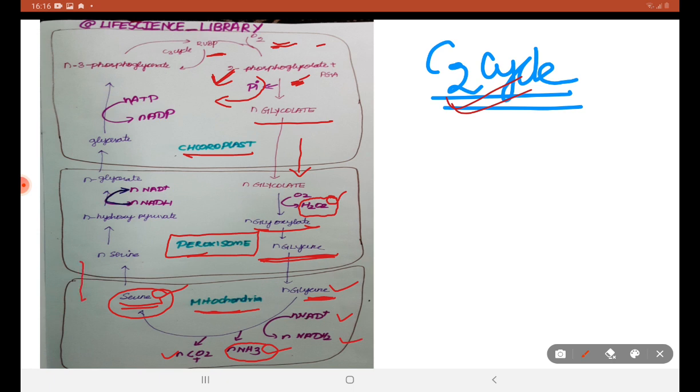Serine enters the peroxisome. Serine is converted into hydroxypyruvate. Hydroxypyruvate is again converted into glycerate.